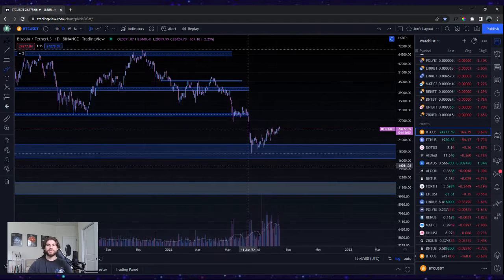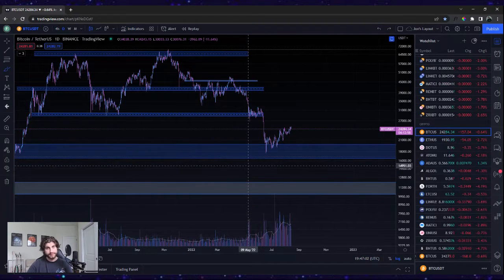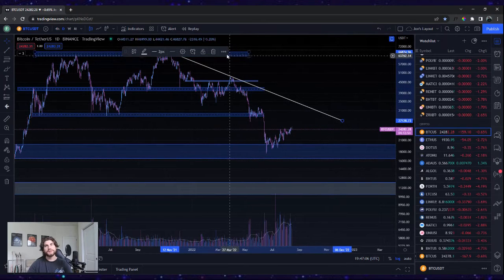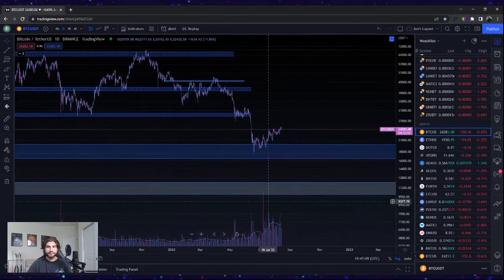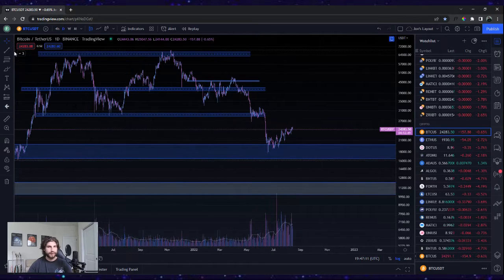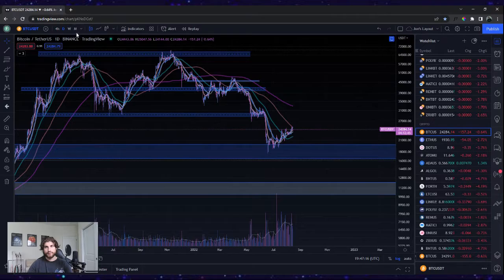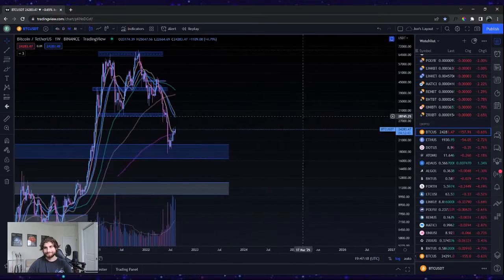Really useful. Okay, so we have our lines, our support and resistance. We have our trend lines that are helpful sometimes, not really. And we have our volume profile. And the other thing that I like to use are moving averages. And we're going to switch to the weekly time frame here.